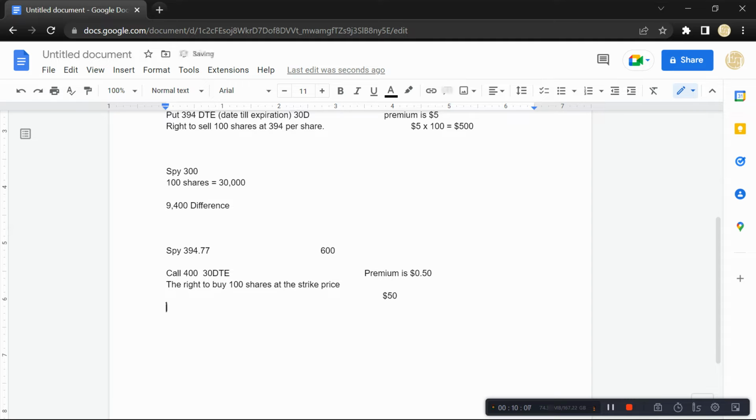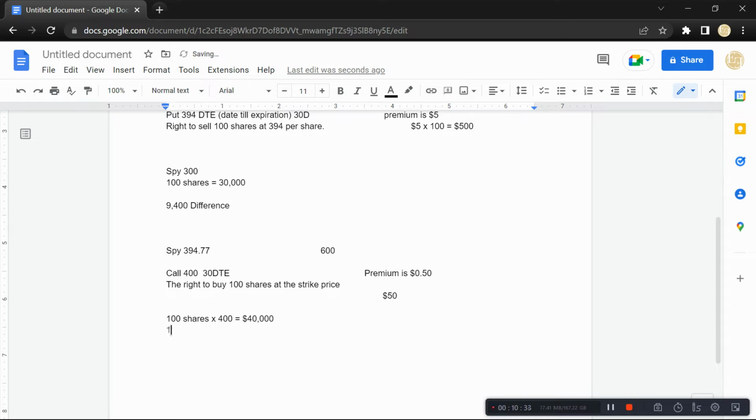Let's pull up the calculator real quick, just so I can show you guys the math. So I buy 100 shares times $400, because that's the price I'm paying for each share. So that's going to be $40,000 that I am going to be spending to exercise this contract.